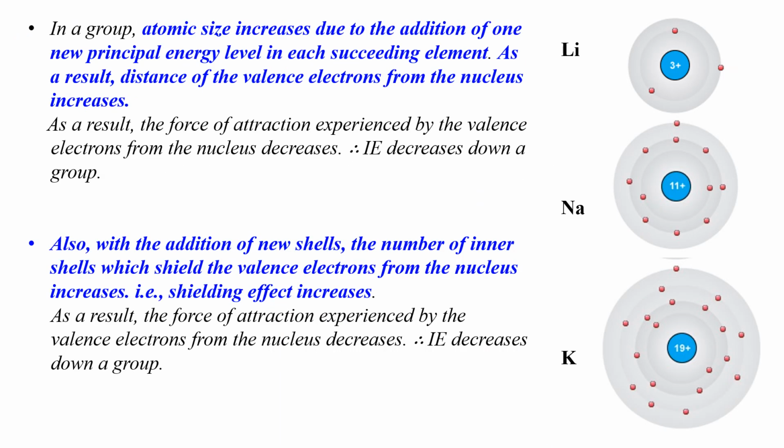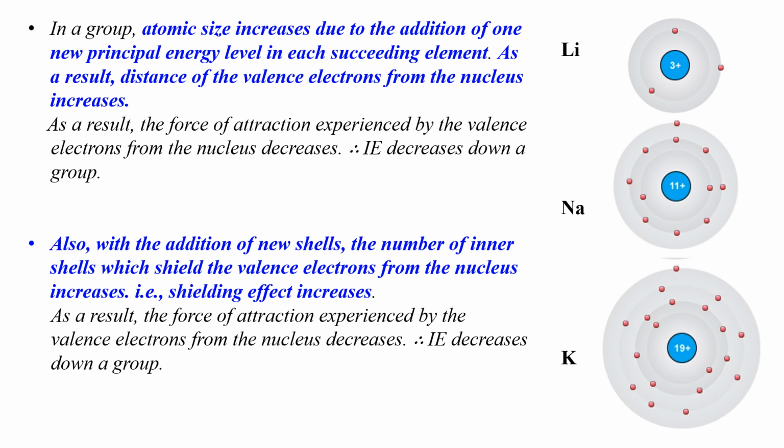In a group, atomic size increases due to the addition of one new shell or one new principal energy level in each succeeding element. As a result, the distance of the valence electrons from the nucleus increases, which is shown in the pictures displayed. Consequently, the force of attraction experienced by the valence electrons from the nucleus decreases, and this leads to a decrease in the values of ionization enthalpy down a group.